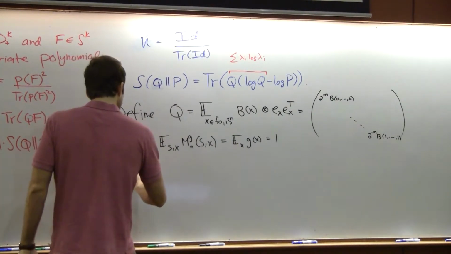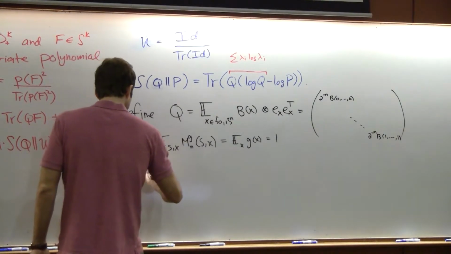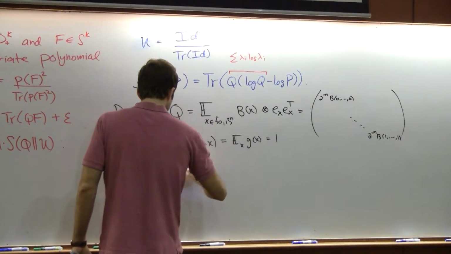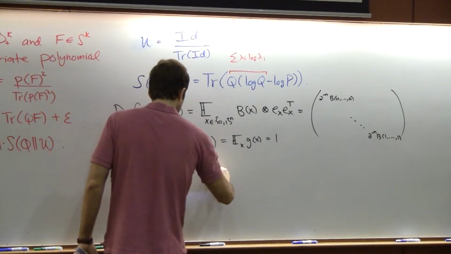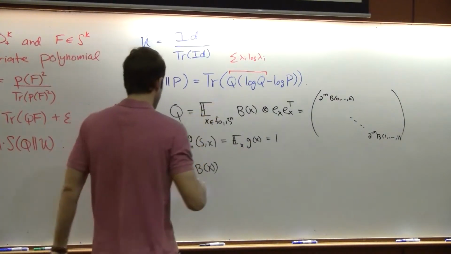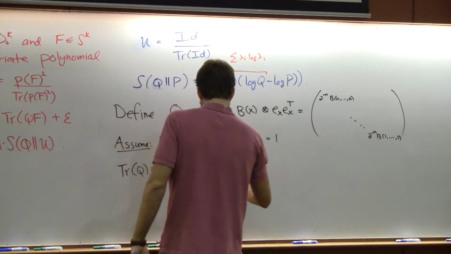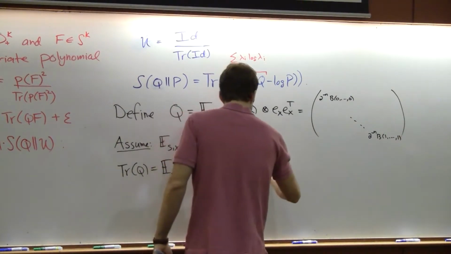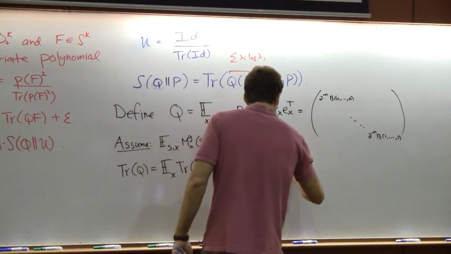So the trace of Q is the expected value over x of the trace of B(x) by construction. And then this is the same as the expected value over x of the trace of the corresponding term.